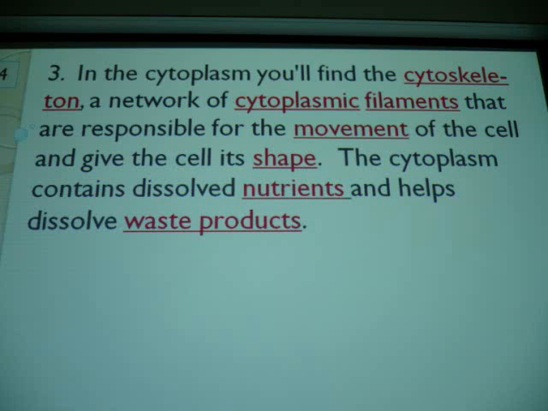Yours is made of bone, but that's made of protein. The cytoskeleton can't be bone, of course, because bones are made of cells, and these things are inside the cell. So it's made of protein. We mentioned sperm has a flagellum, right? It makes it swim.